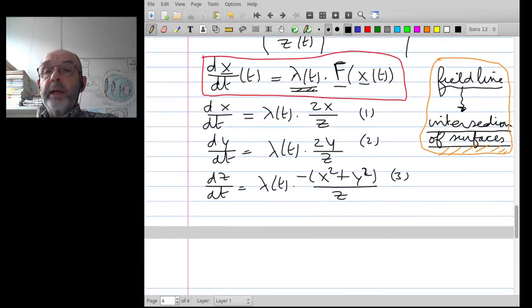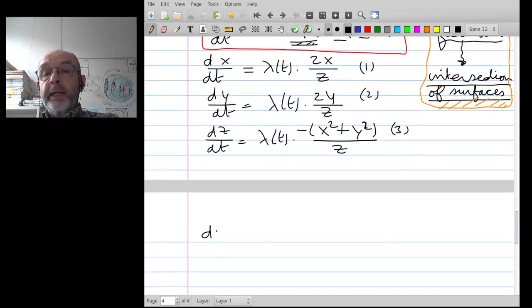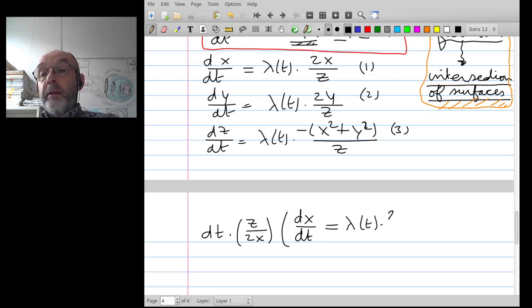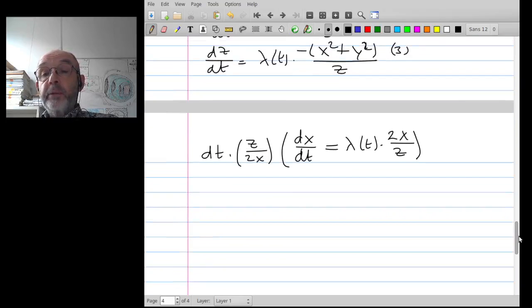If I multiply the first equation by dt, and multiply it with z divided by 2x, and the manipulations I am now doing, if you want to make them hard in mathematics, that is not easy, but okay, we do it here.